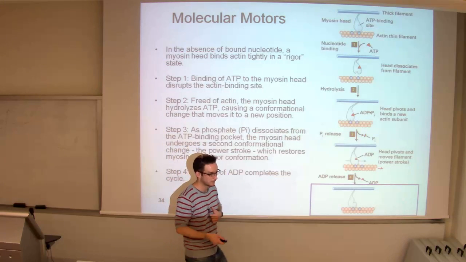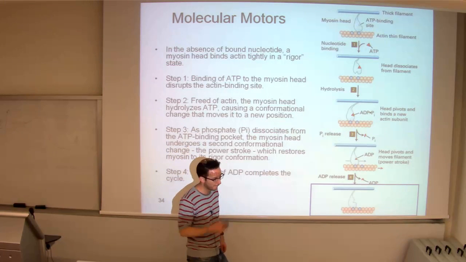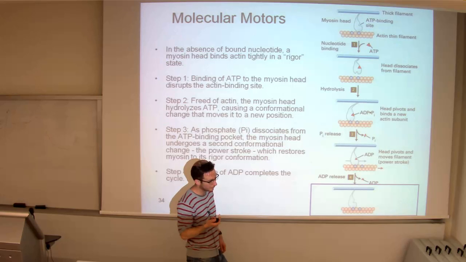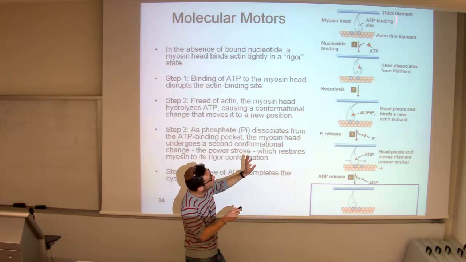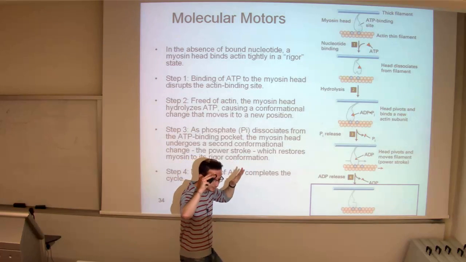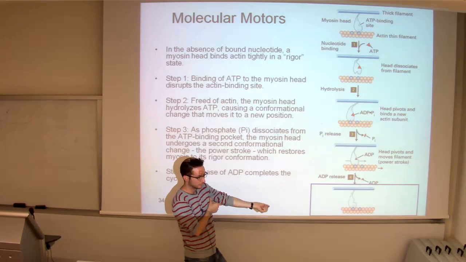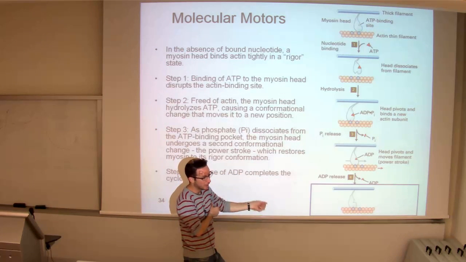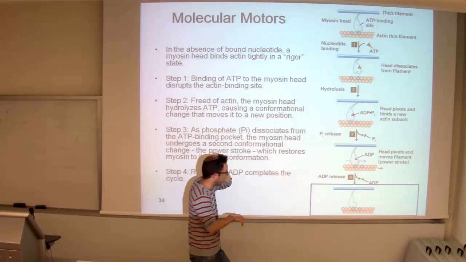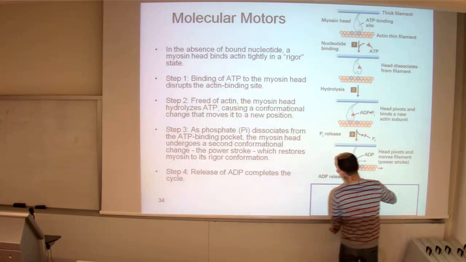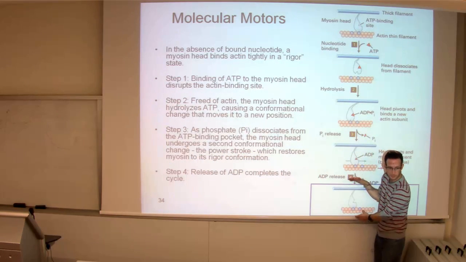Yes. It seems like it's a one-way process, so the myosin heads will keep on moving in a single direction. So I guess they have to come back. Until the concentration of ATP decreases substantially in the cytosol. And then they come back to their original position. In the context of muscle, there's an opposite antagonist muscle that takes you back.